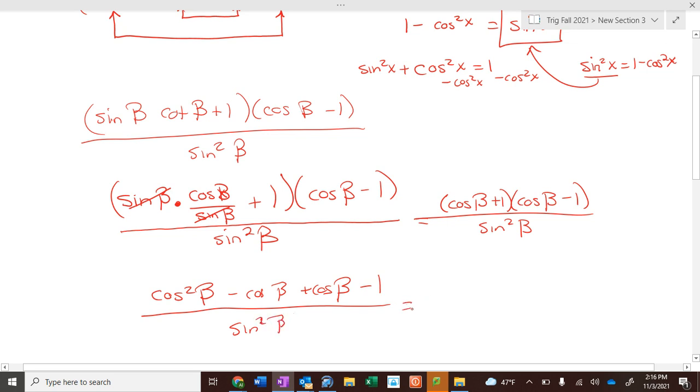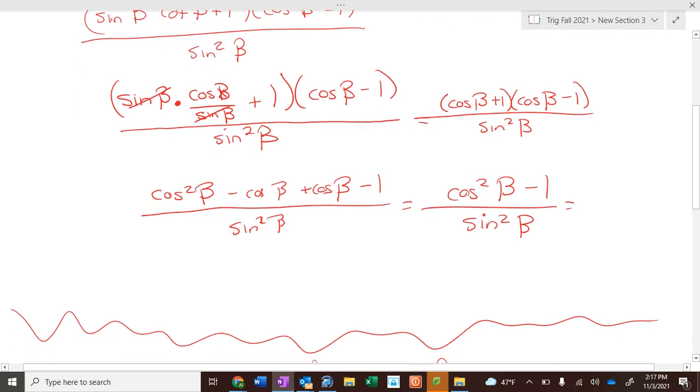What can I do with my minus cosine of b and plus cosine of b? And what is cosine squared of b equal to? Cosine squared of b minus 1.